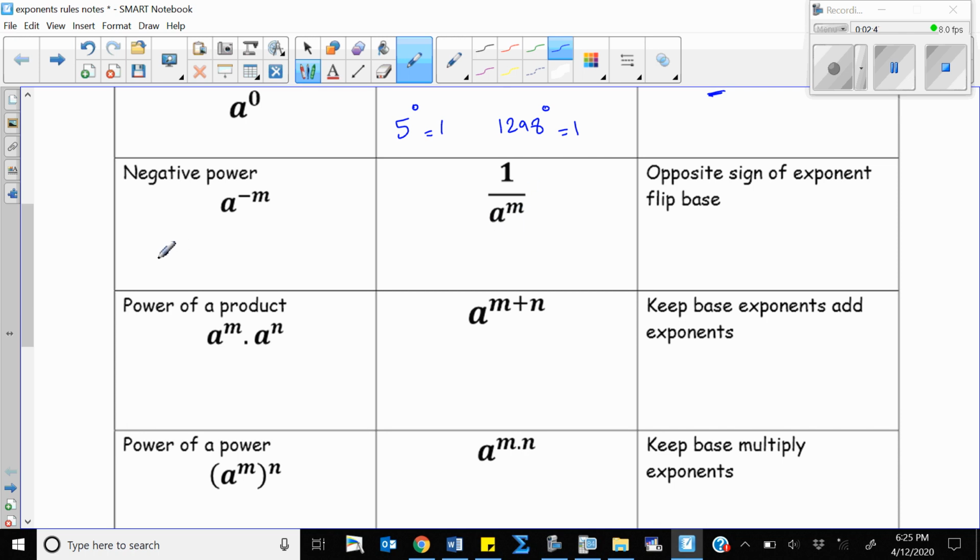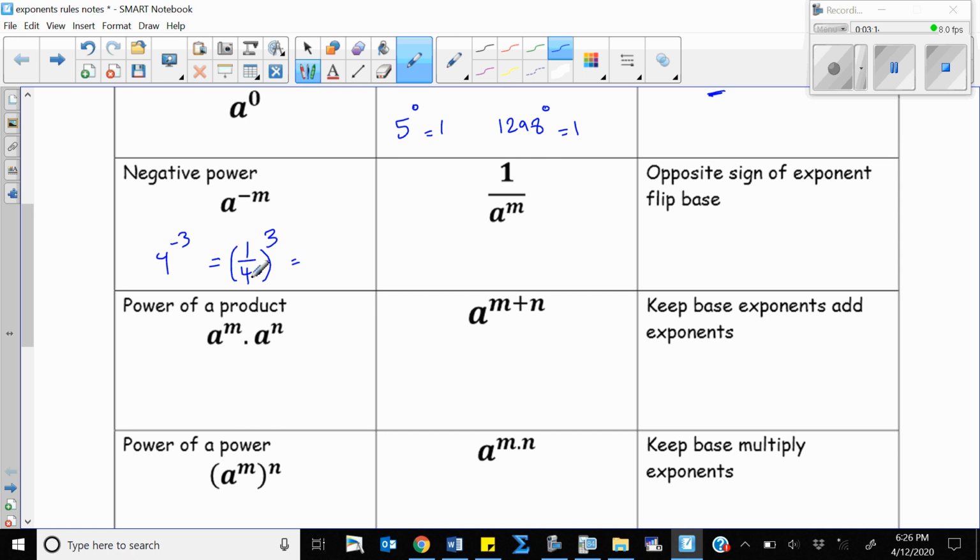Let's do an example. If I have 4 to the power of negative 3. To change this to a positive power, the first thing that I'm going to do is to flip the base. So this will be 1 over 4. And then the power will be a positive number. So instead of negative 3, I'm going to have positive 3.